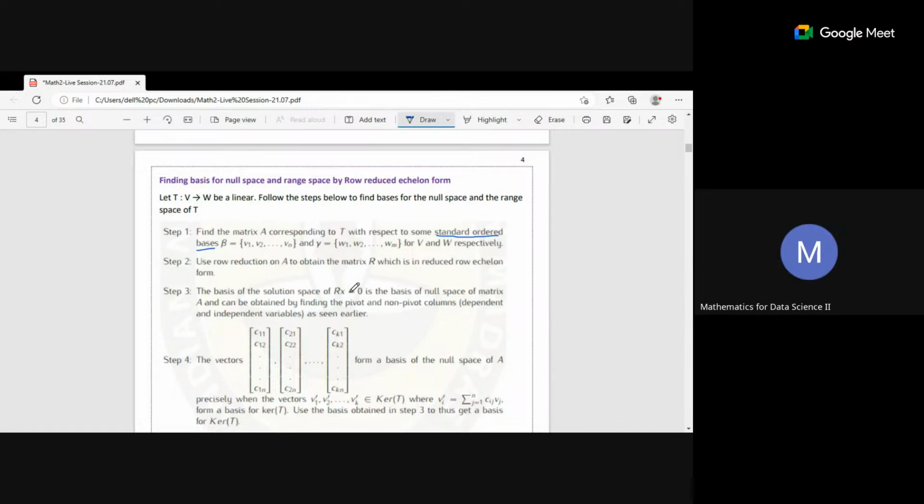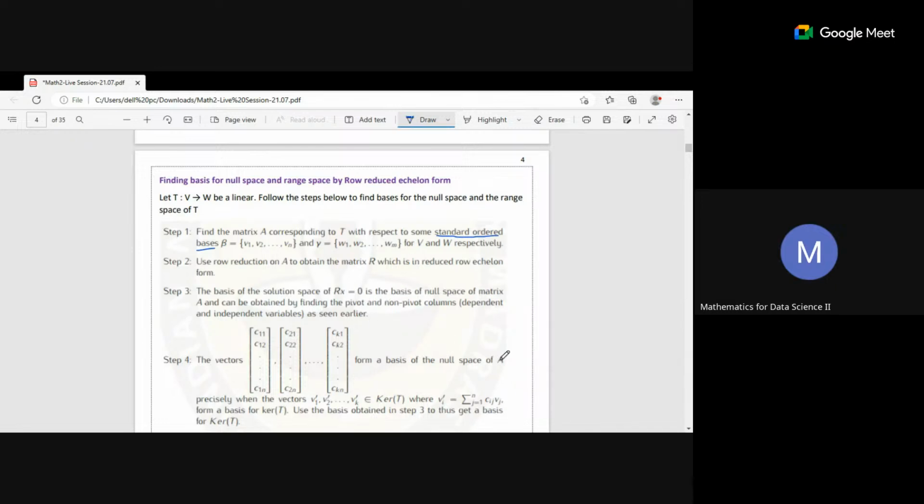Now you find the solutions of Rx equal to 0. That gives you the basis of the null space. And the columns corresponding to the pivot elements will give you the basis for the range space.